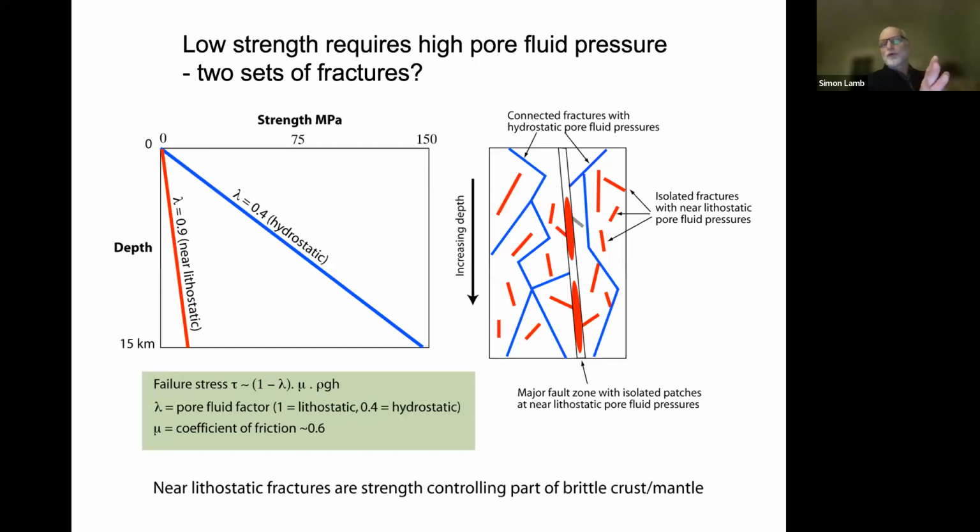Certainly if you have velocity weakening, where as it slips the fault weakens through the slip, this rate and state friction, then that system can propagate. So the trigger is the failure of one of these high pore fluid pressure bits, which is why the system looks weak, because that's when it fails.